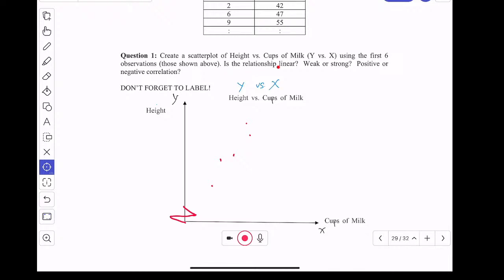I have to comment now, is this relationship linear? Is there a linear trend here? And what I mean by that is, can a line approximate these values? Sorry, it's not a great line, but you can see.